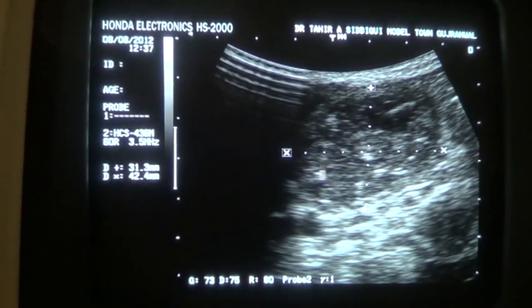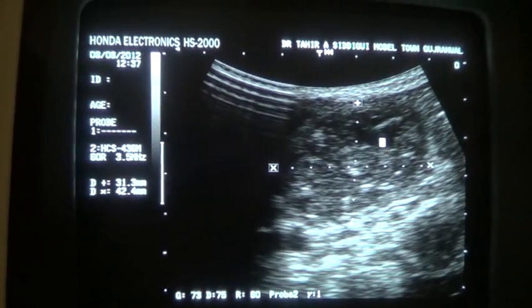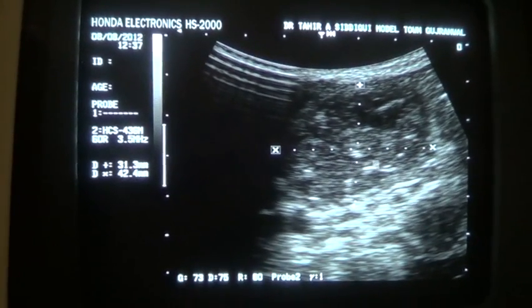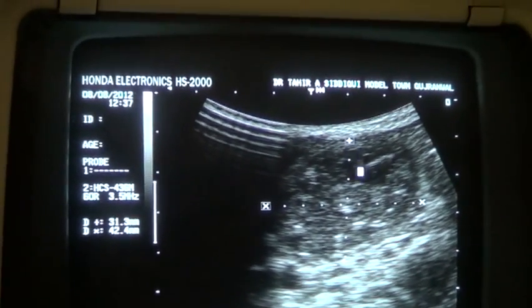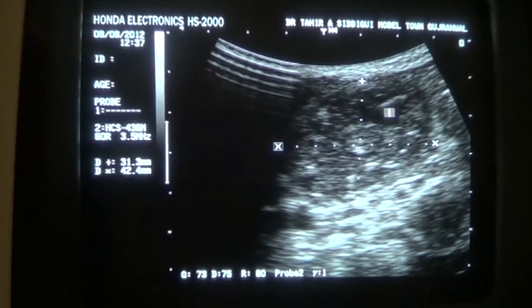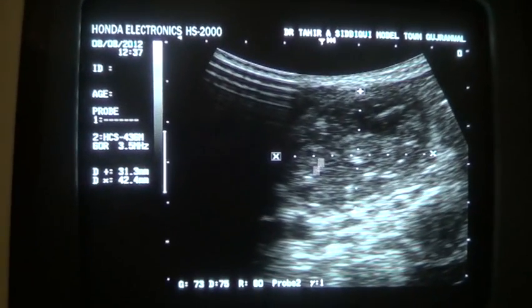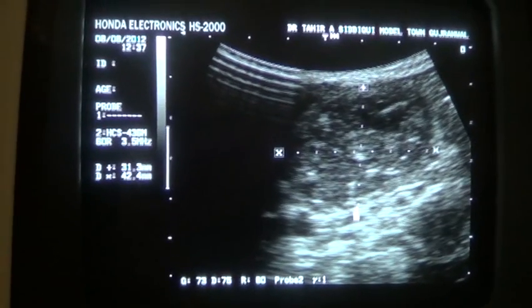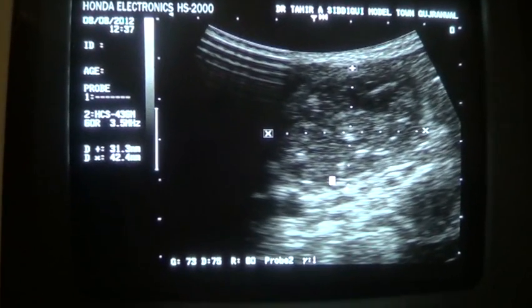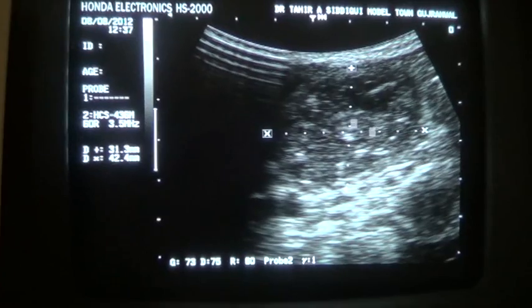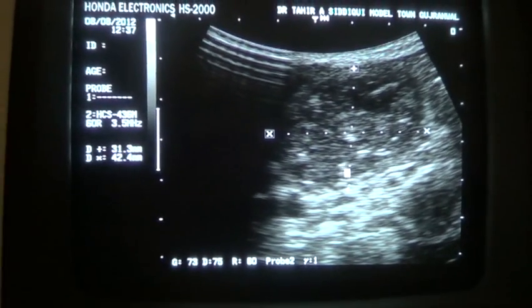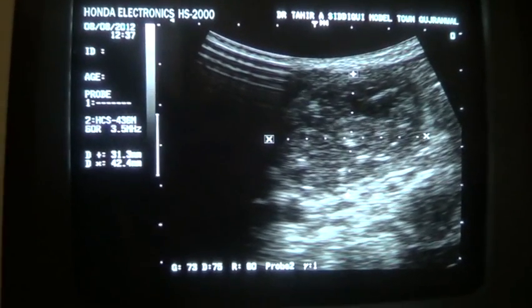All these, 1, 2, 3, 4, 5, 6, 7, are consistent with calcification, and it has cystic areas as well. This is the cystic area. Now this is the transverse section of this solid complex mass, cystic as well as solid, with calcification interspersed within it.